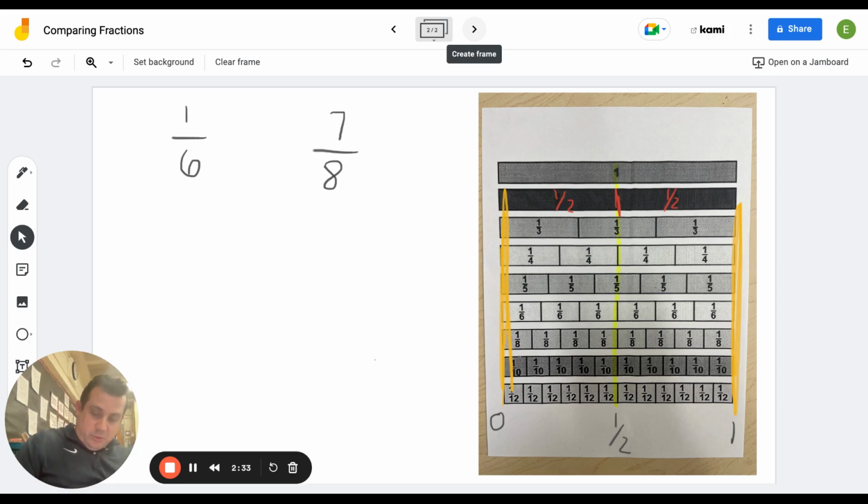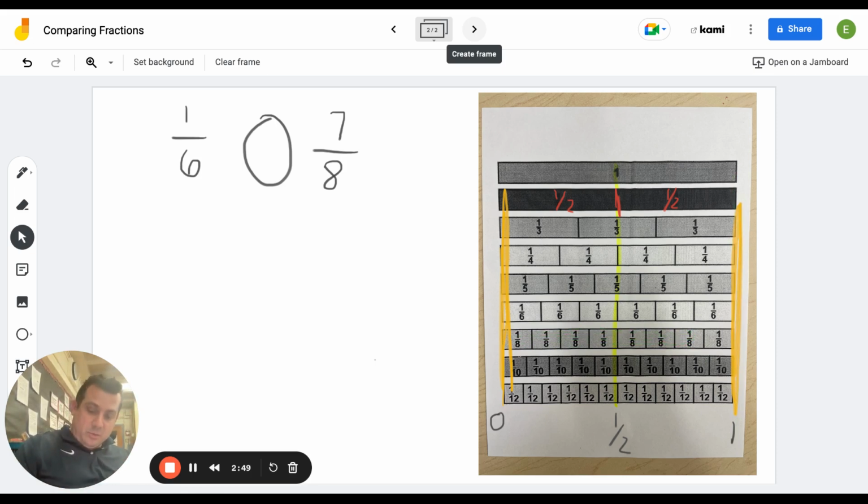Then you go to 7/8. 7/8 has 7 out of 8 pieces shaded in. So 7/8 is actually closer to 1 whole.